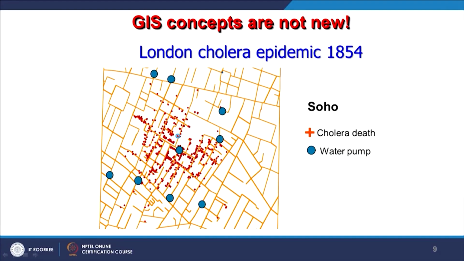I said that somewhere in 1964 this Canadian GIS was developed by Roger Tomlinson, but the concept of GIS without computers was already there. So I can call it an analog GIS. And this is the oldest example which we get in our literature about the concept of GIS. In 1854 there was a cholera epidemic.